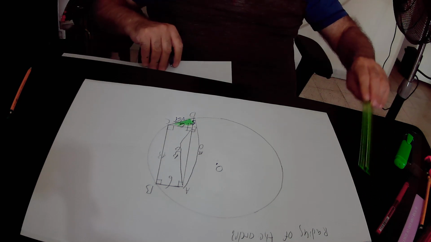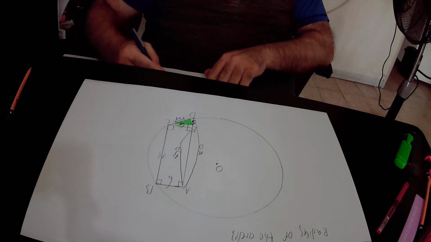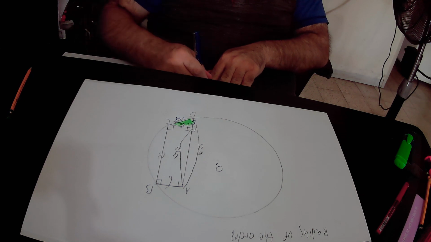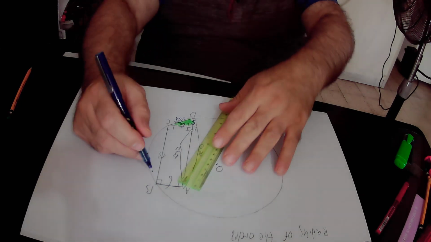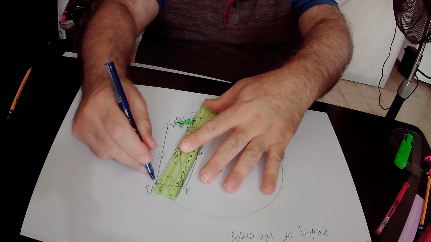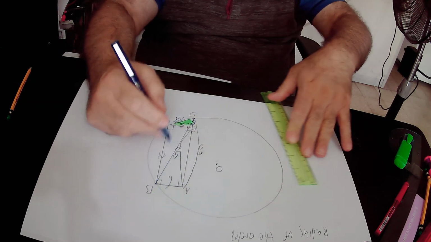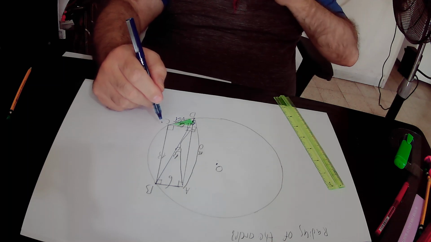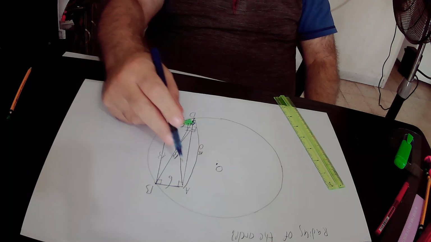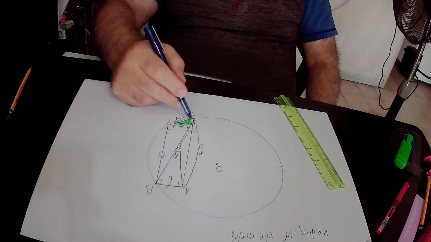In the next step, we will join points B and D together by a straight line. By joining points B and D, we created the right triangle BAD.